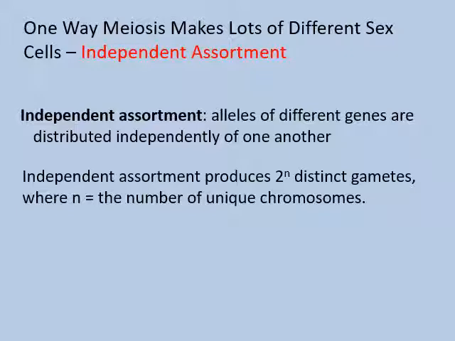eyes. Just because your dad has blonde hair, blue eyes, doesn't mean that he's going to pass on those alleles for both of those things to happen, right? He might pass on one blue allele and one blonde allele, whereas your mom might pass on one brown allele and one, let's say, blue allele, right?